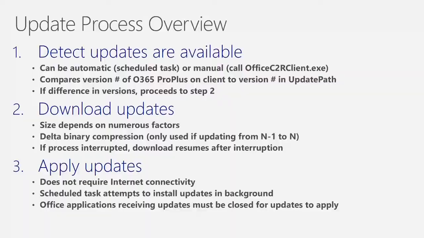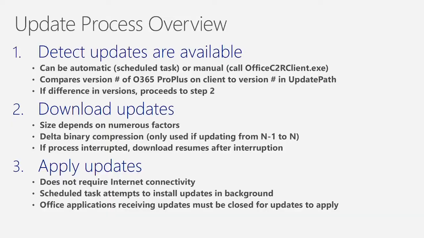So if we look at just the update process overview, detecting updates is available. How do we detect updates in the client? It can be automatic: there's a scheduled task on the machine that the client looks at. It'll go up and check Office, is there a newer build? If so, download it, install it. That's one methodology. You can also kick it off using the click-to-run client EXE, and this leads to the question around, can I manage it with Config Manager?